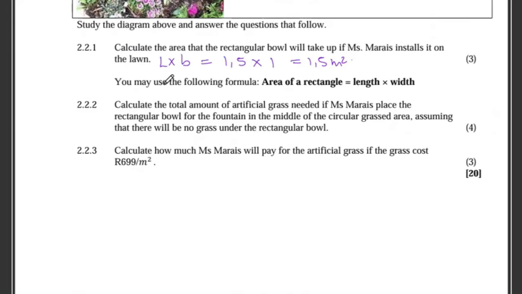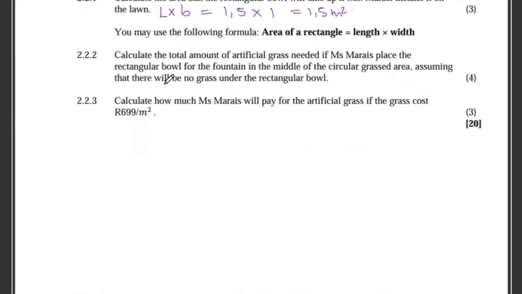Okay. They are asking us 2.2.2. Calculate the total area of the artificial grass needed if Mrs. Maris placed the rectangular bowl with the fountain in the middle of the circular grassed area, assuming that there will be no grass under the rectangular bowl.